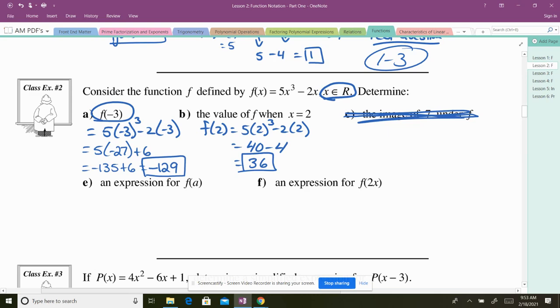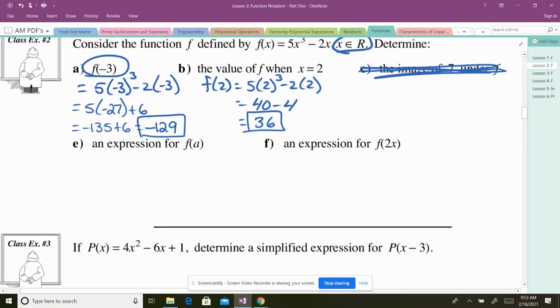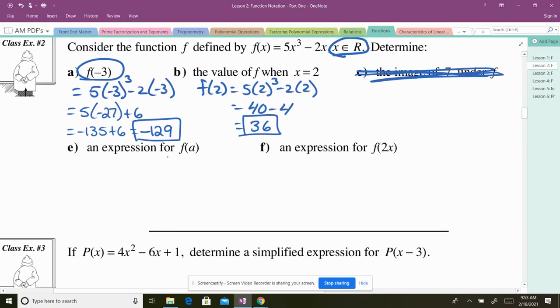All right. An expression. Okay, now we're going to start to change it. So an expression for f of a. Where does the a go? In for the x. It's the exact same thing. So we get 5 times a cubed minus 2 times a.